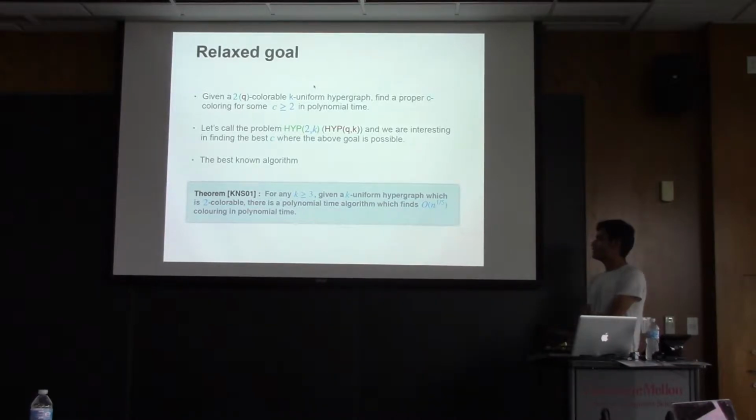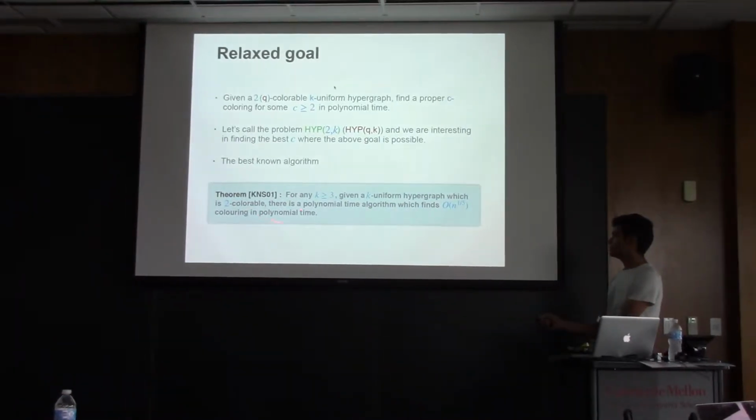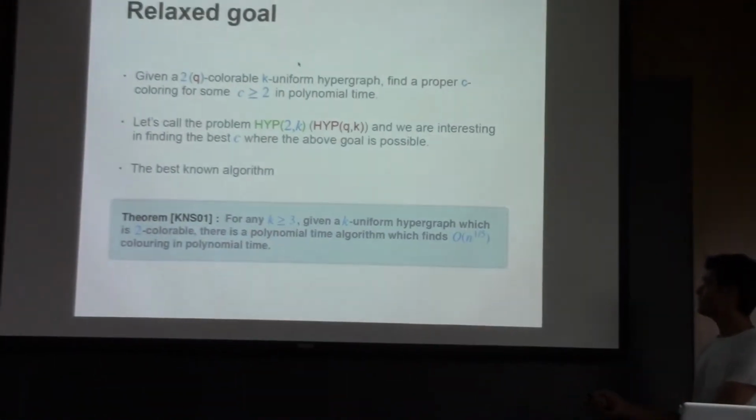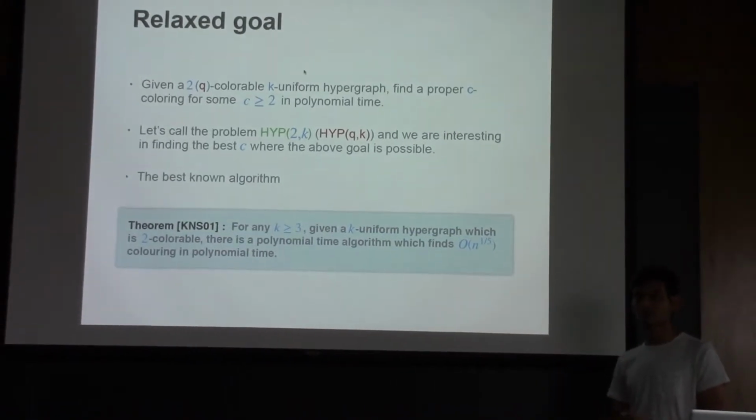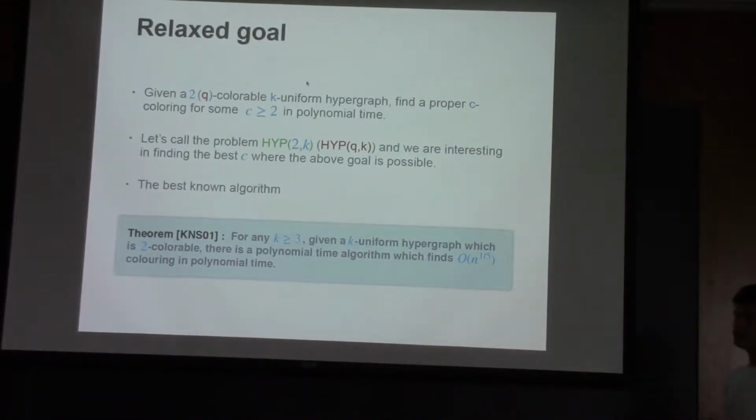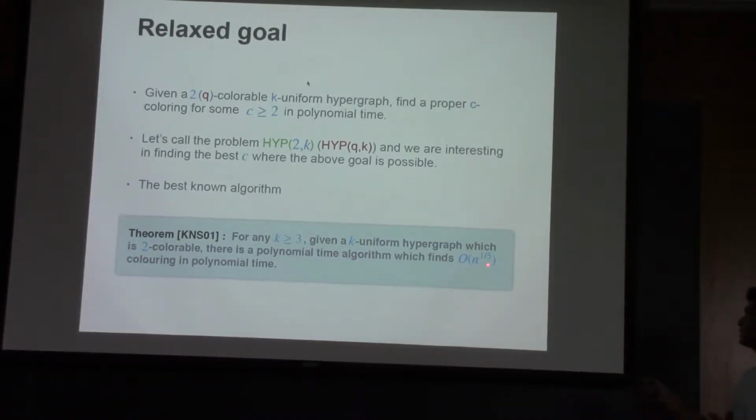So what do we know about known algorithms in this case? So this is an algorithm from 2001, which says that if we are given a hypergraph which is 2-colorable, then in polynomial time you can actually find a non-trivial coloring, but with how many colors? The number of colors which we require is n to the 0.2.